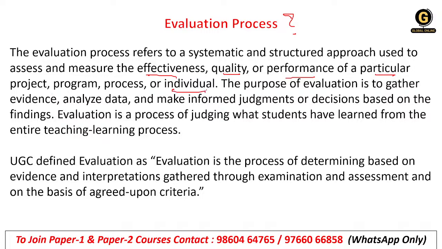So, basically, in general, the meaning of evaluation is not limited to the students only, it is a vast one, right? For evaluating a process, measuring programs, measuring a project, everything we need to evaluate, check, scrutinize, correct. That is called evaluation.